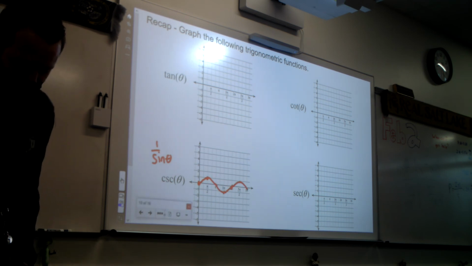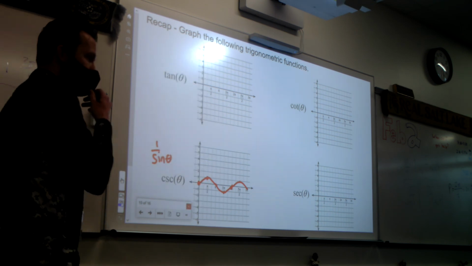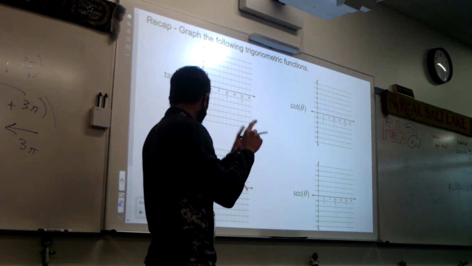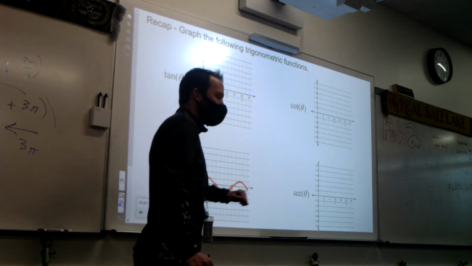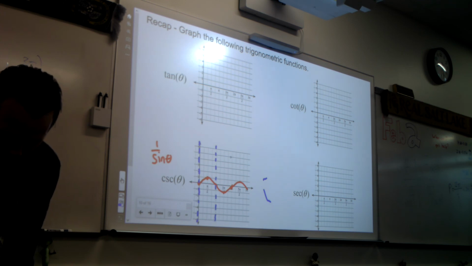How does that graph of sine help us, guys? Peaks and valleys are going to be used. And then what about when sine is 0? What goes there? We put the vertical asymptotes when sine is 0, because that would be when we're dividing by 0.